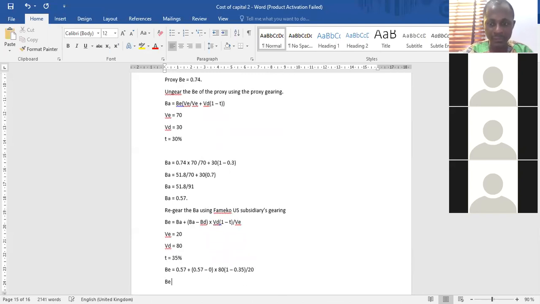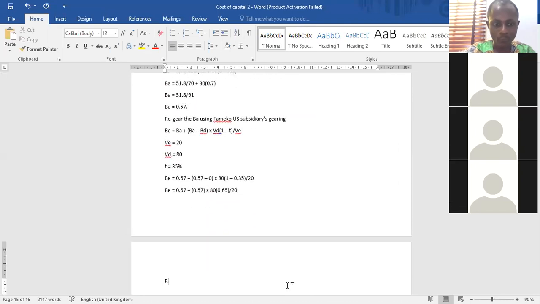So beta of equity is equal to 0.57 plus 0.57 times 80 into bracket 0.65 over 20. 80 times 0.65 divided by 20 will give me 2.6.